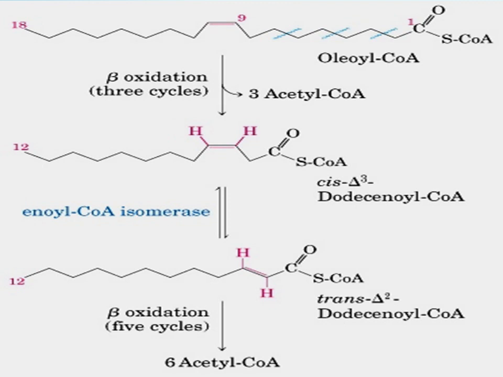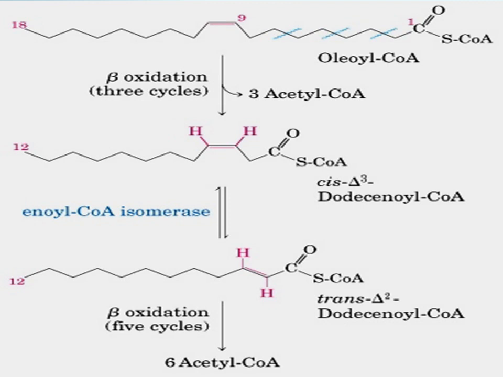To enter beta oxidation again, there is a requirement of an enzyme called enoyl coenzyme A isomerase. This enzyme converts the cis double bond into a trans double bond, and it also shifts the double bond from between the 3rd and 4th carbon to the 2nd and 3rd carbon.